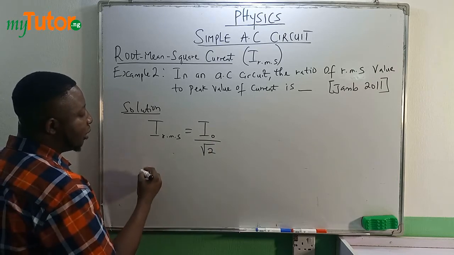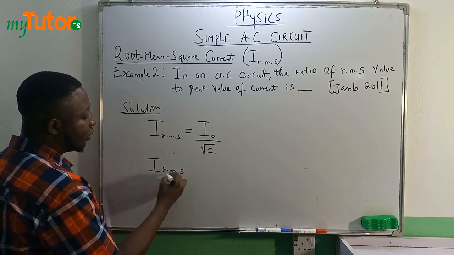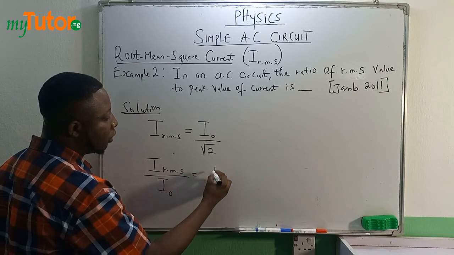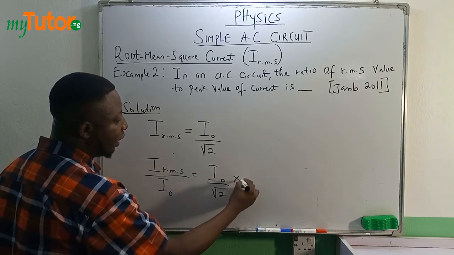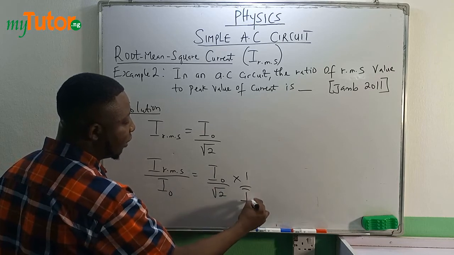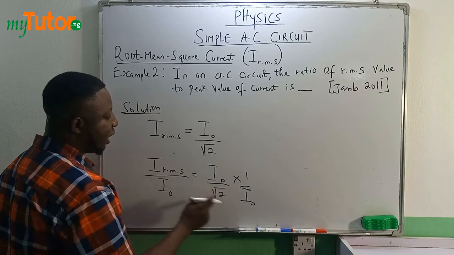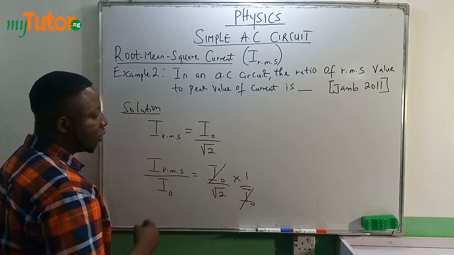Dividing both sides by our peak current, our root mean square current divided by our peak current is equal to our peak current over root 2 times 1 over peak current. So this peak current will divide this peak current.